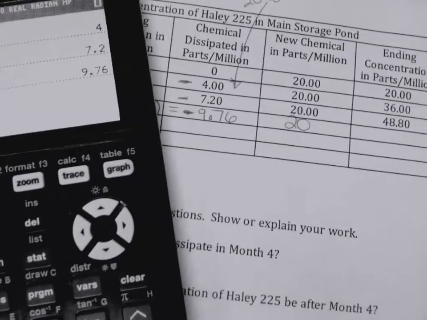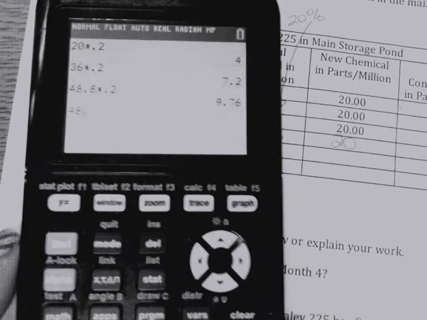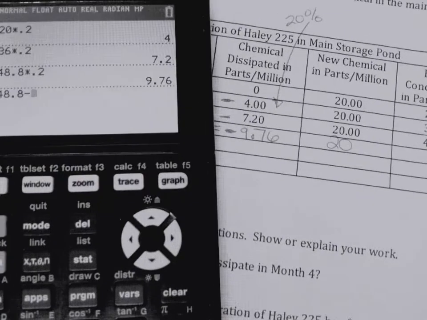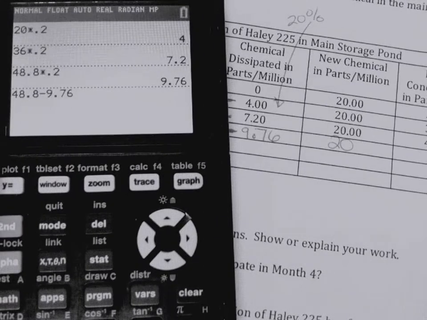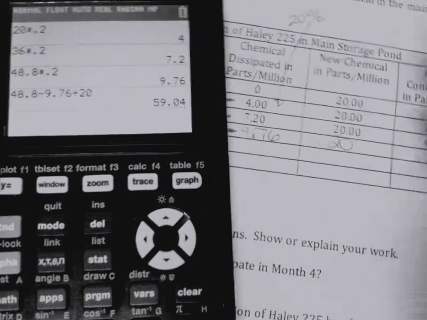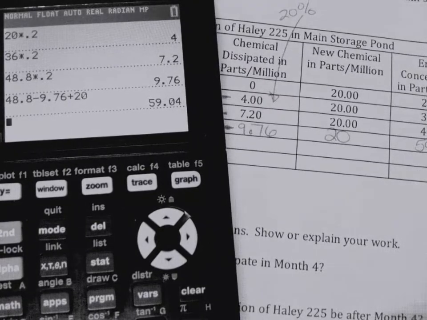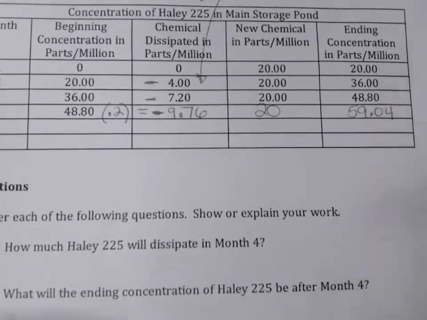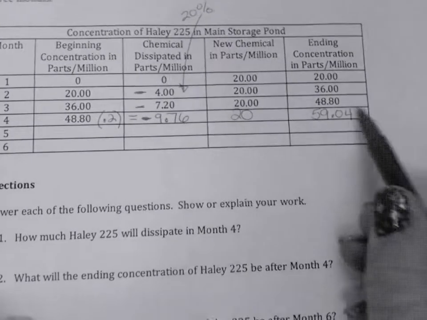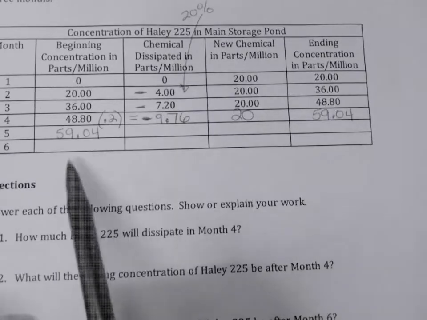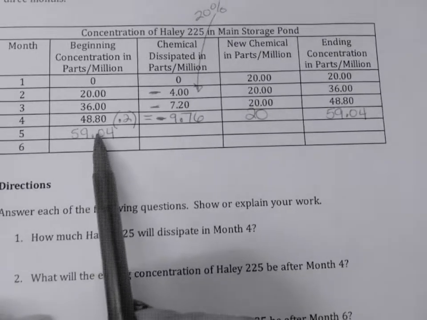I'm subtracting 9.76, and I'm adding back in 20. So my end of the month would be 59.04 is what's left. And that 59.04 just gets carried down to row 5. So that's the start of the next month, 59.04.